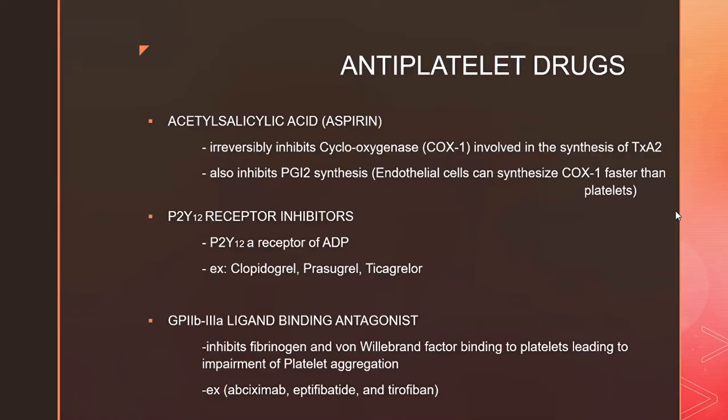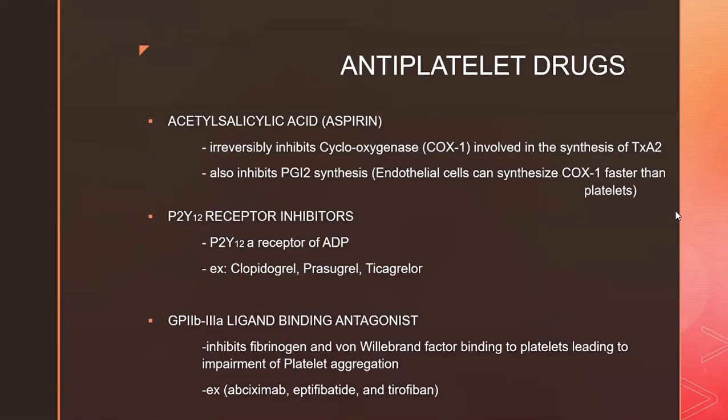Mga ligand binding antagonists, it inhibits the binding of your fibrinogen and von Willebrand to of one platelet to another platelet, leading to inhibition of platelet aggregation. So, maiisip nyo talaga dito, ang ini-inhibit nila, not the adhesion, barely the release reaction, but the aggregation. Kasi pag may aggregation ka, dyan nagkakaroon ng bara.